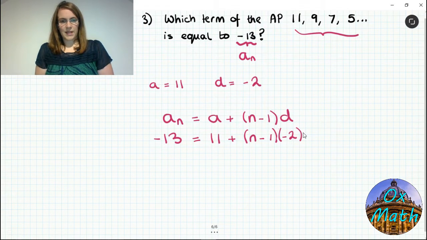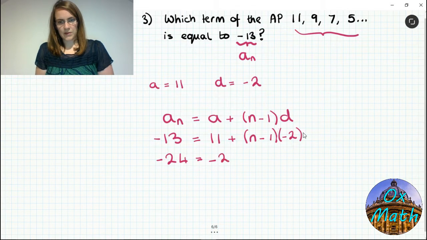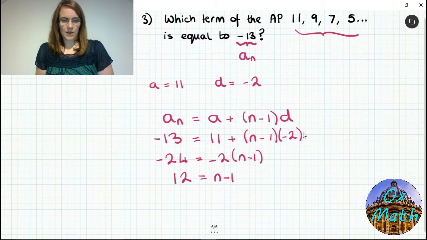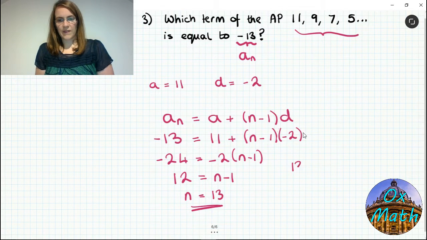So I'm going to take 11 away, so minus 24 equals minus 2 lots of n minus 1. Divide by minus 2 gives me 12 is n minus 1. Add the 1, so my n is 13, which tells me that the 13th term, so remember n is what term number, where it is in the sequence, so the 13th term is actually equal to minus 13.